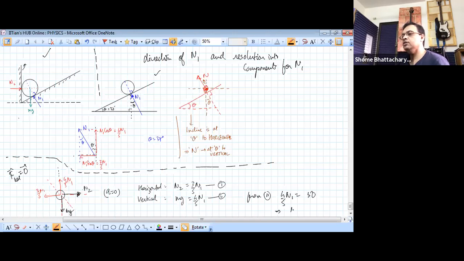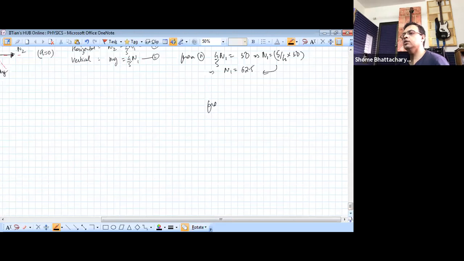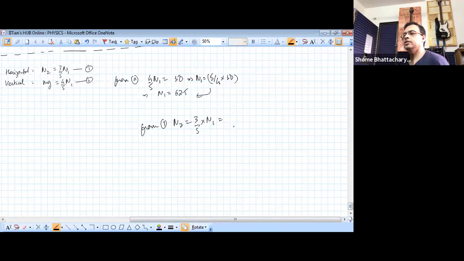So N1 is how much now? 62.5 newtons, or N1 is 5 by 4 times 50. And from equation 1, N2 is 3 by 5 times N1, so 37.5 newtons.